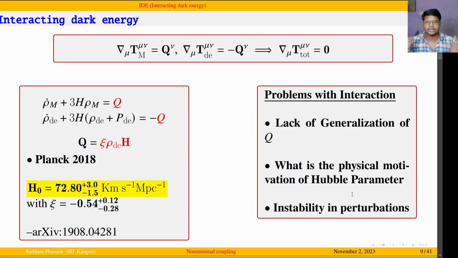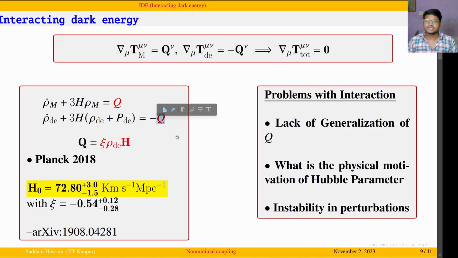So we have to think about the total; we don't consider what they are doing individually. If we write it in terms of FLRW, we can write that rho m dot plus 3H rho m is equal to Q, and rho de dot plus 3H (rho de plus p de) is equal to minus Q, right? So if Q is positive, then the dark energy is releasing its energy to dark matter, and vice versa.